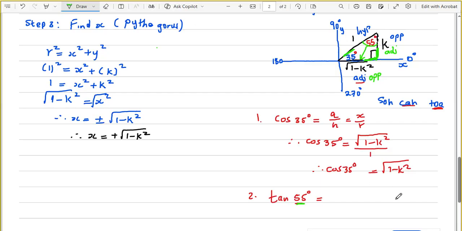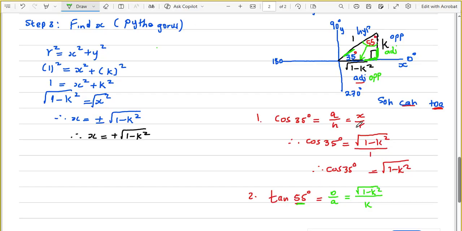So I'm going to say tan is opposite all over adjacent. My opposite is the root of 1 minus k squared, and everything is divided by the adjacent, which is k. Do you understand how the 55 affected that triangle? It changes the opposite and the adjacent. So when you choose which one is your opposite, it depends on which angle you are using.